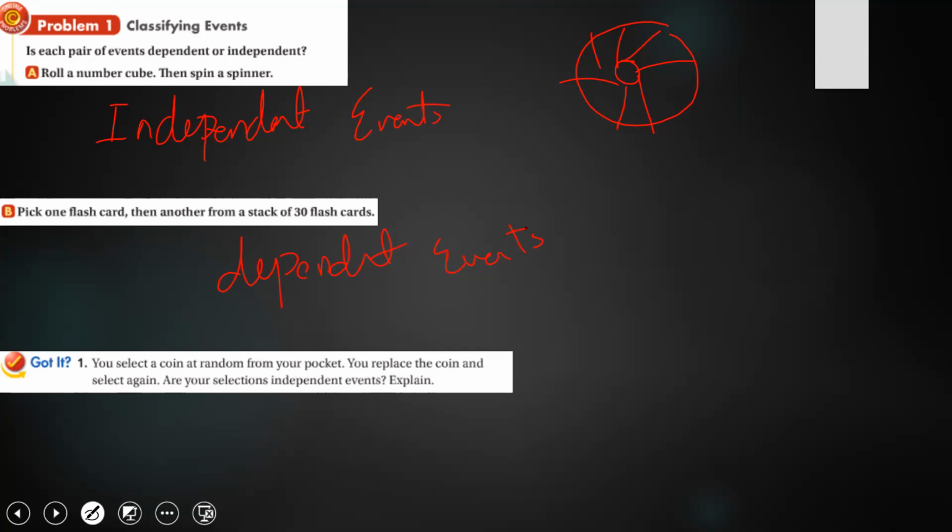I'm choosing any month and then I'm choosing a day from that month. Are they dependent or independent? Dependent. Exactly. So number 9, the answer is independent.